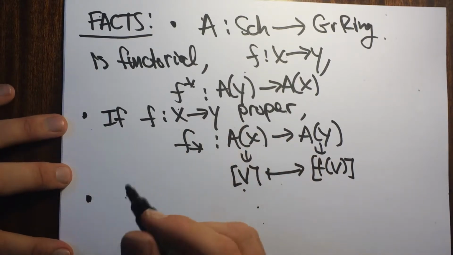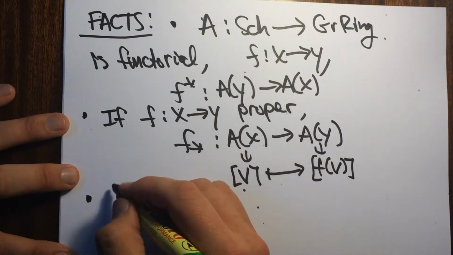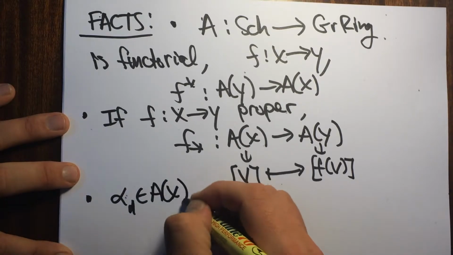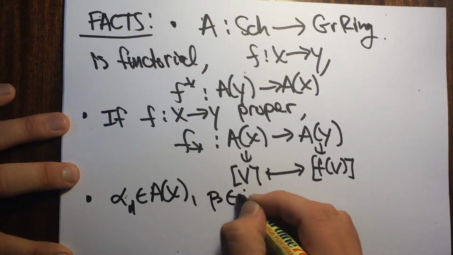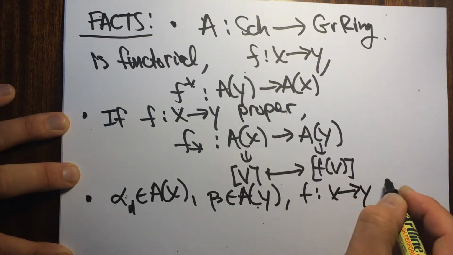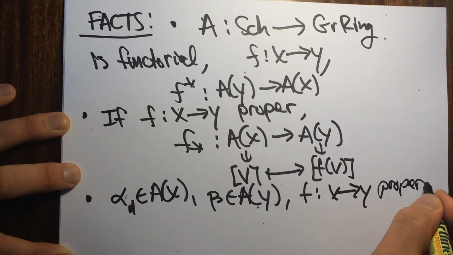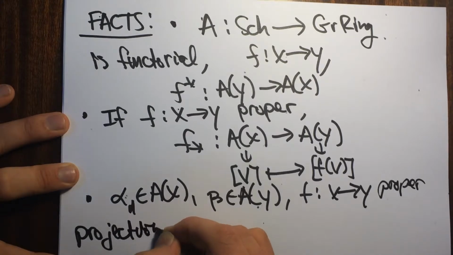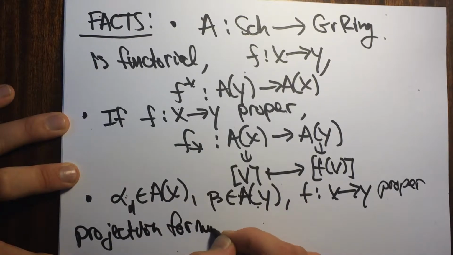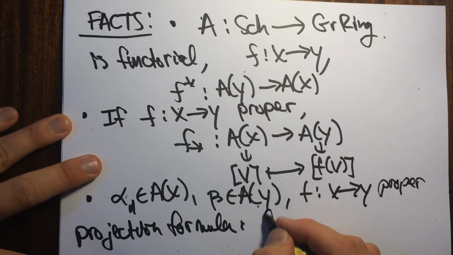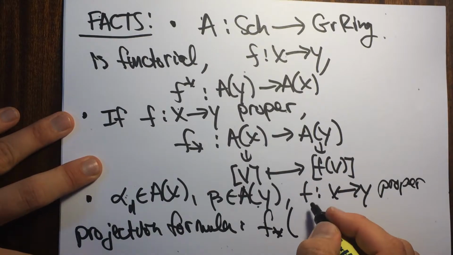The other property is, for two classes, alpha in A of X, beta in A of Y, and f from X to Y proper, we have this projection formula. It says that it's almost linear.